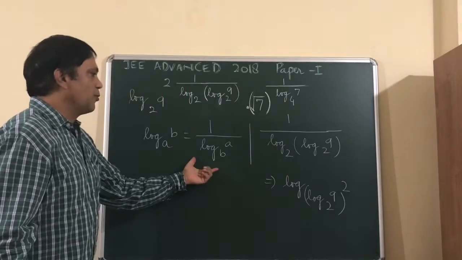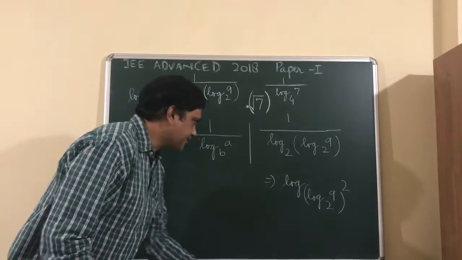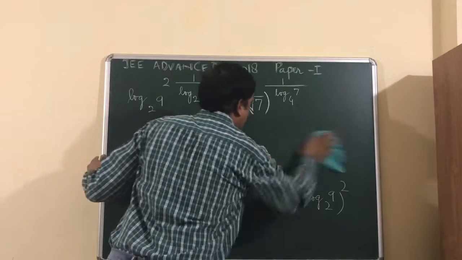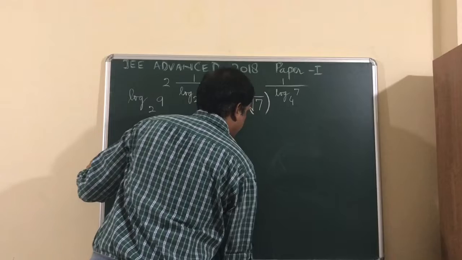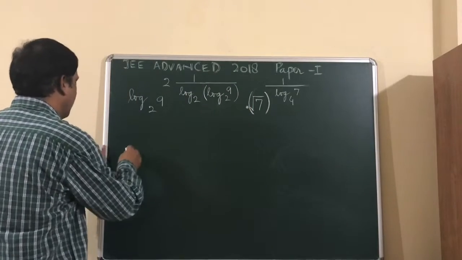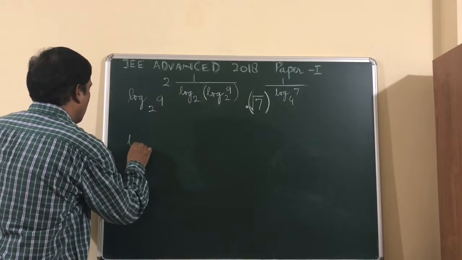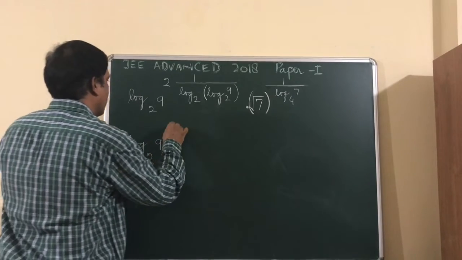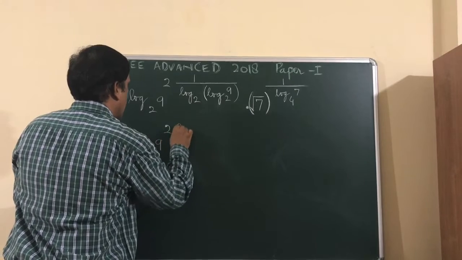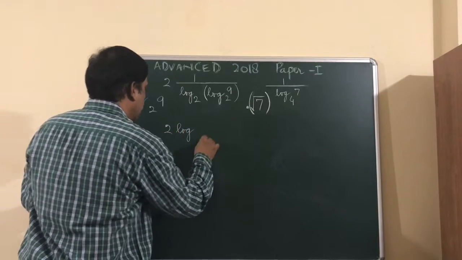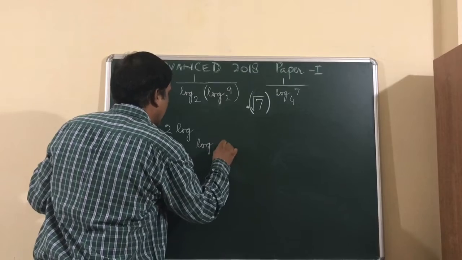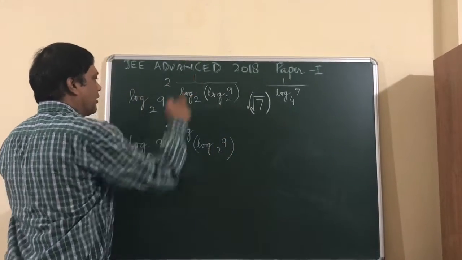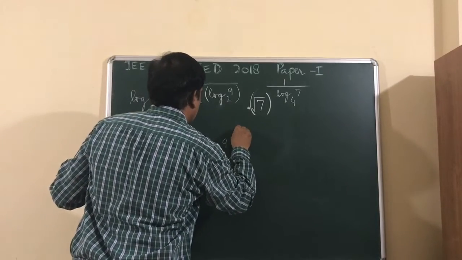Simply using this property we can write it like this. So here we can write log base 2 of 9 raised to the power, and the base will become log 9 base 2 as I'm taking this to the numerator, and 2 there.